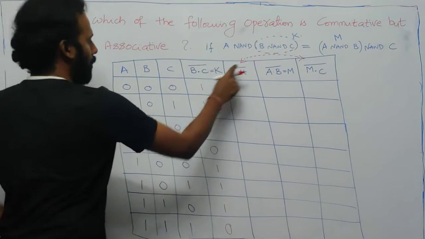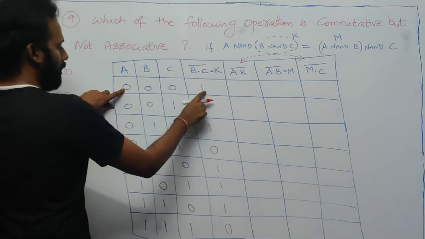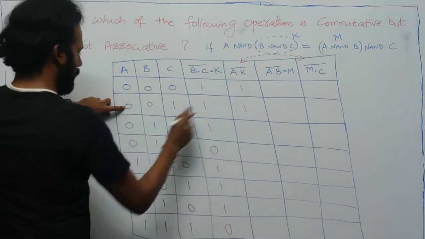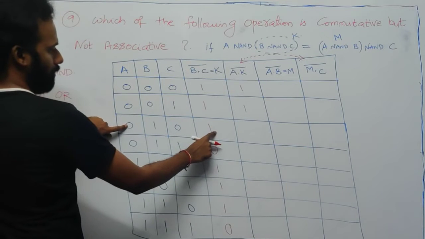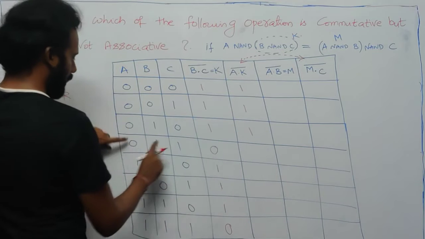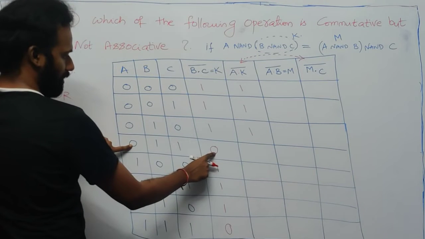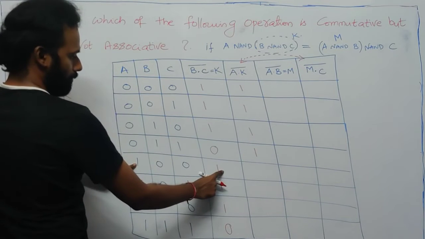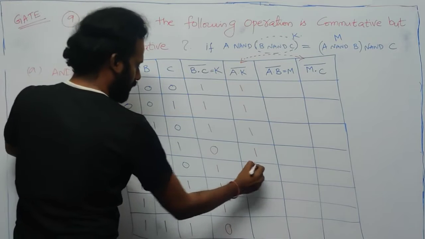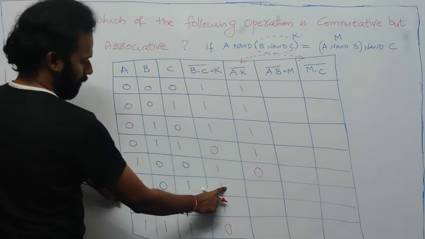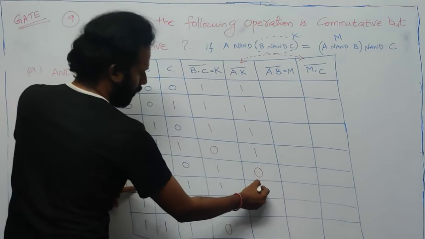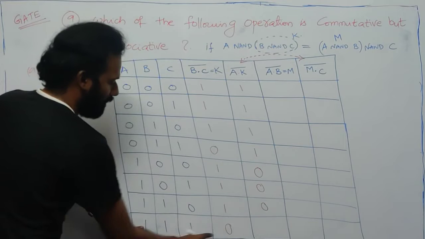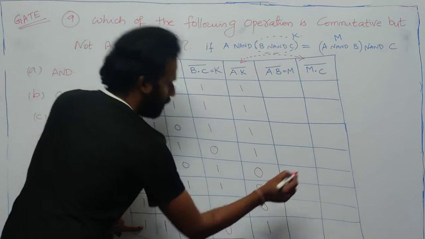Now A dot K complement: 0 and 1 is 0, complement 1; 0 and 1 is 0, complement 1; 0 and 1 is 0, complement 1; 0 and 0 is 0, complement 1; 1 and 1 is 1, complement 0; 1 and 1 is 1, complement 0; 1 and 1 is 1, complement 0; 1 and 0 is 0, complement 1.